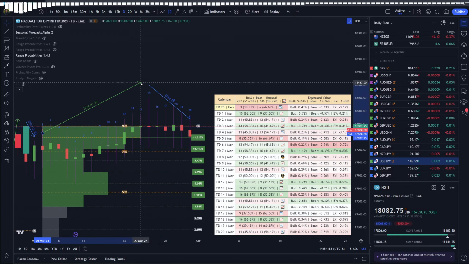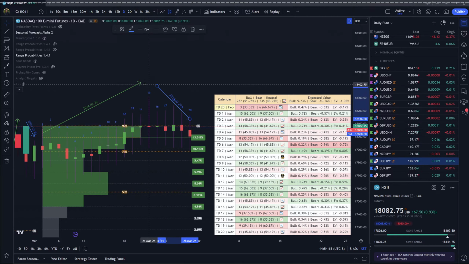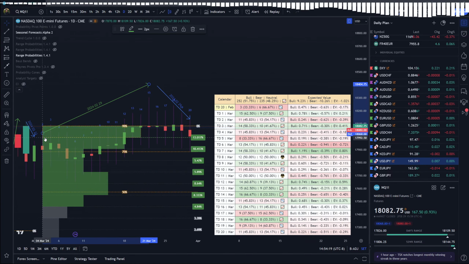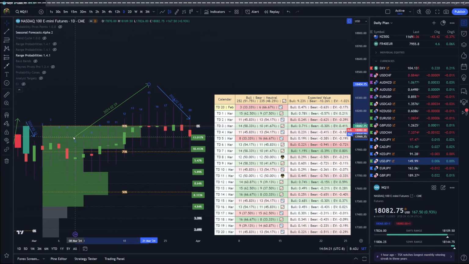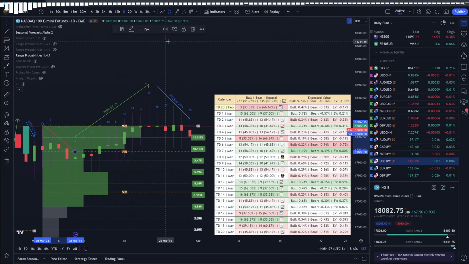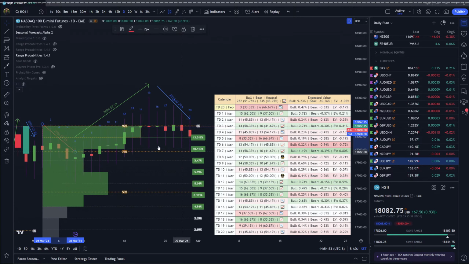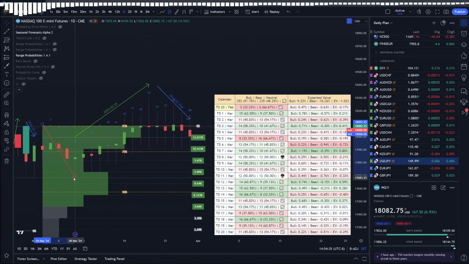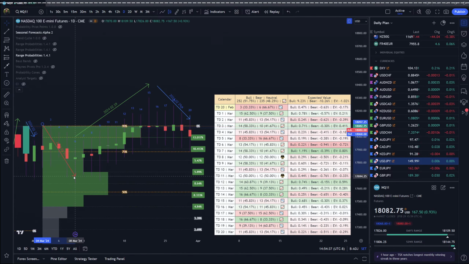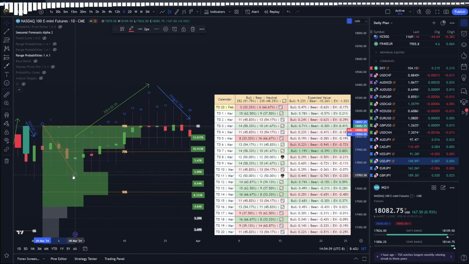And then from here, from the 7th. Yeah, so maybe there's a bit of a down move here at the beginning of the month. Maybe down here to 77.